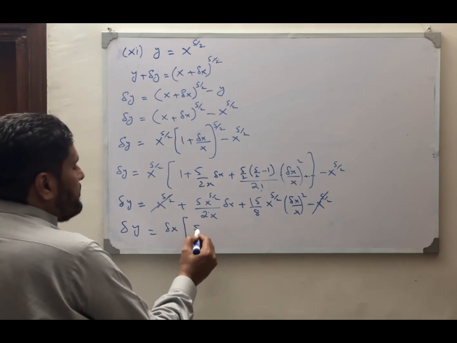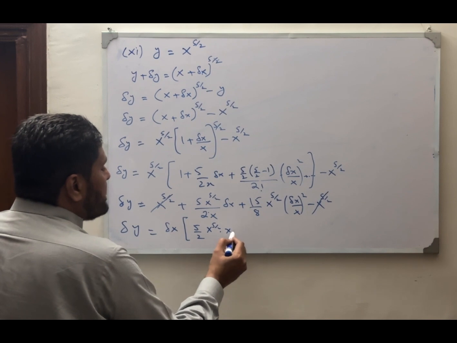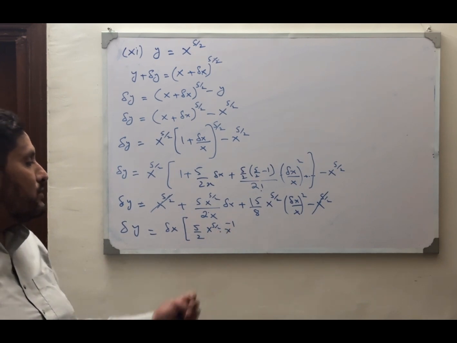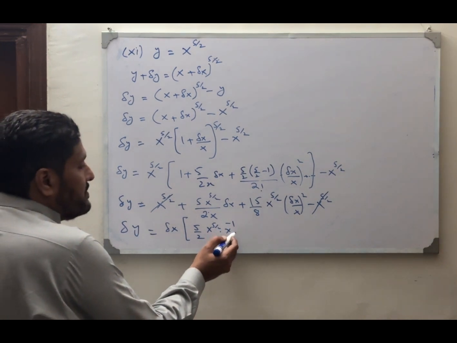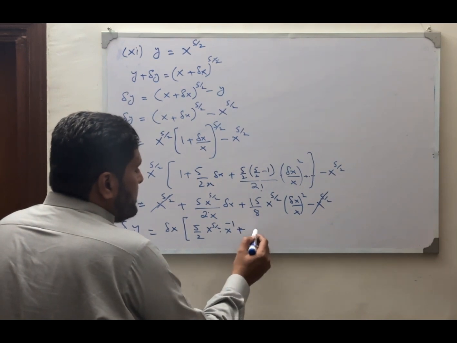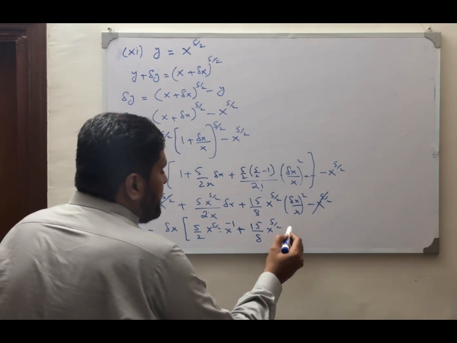We have 5 by 2 into x power 5 by 2 into x power minus 1. So 5 by 2 minus 1, that will become x power, base is same, so 5 by 2 minus 1, that will be 3 by 2. So I will change that in the next step, plus 15 by 8 x power 5 by 2.